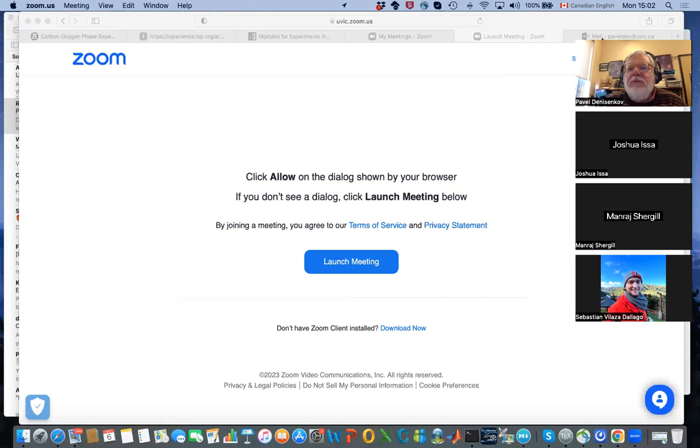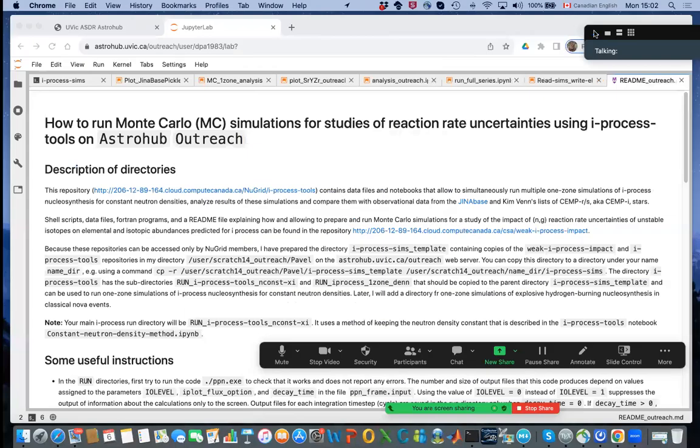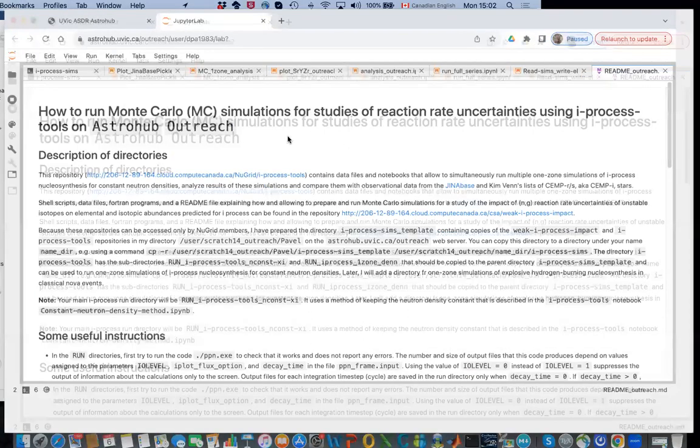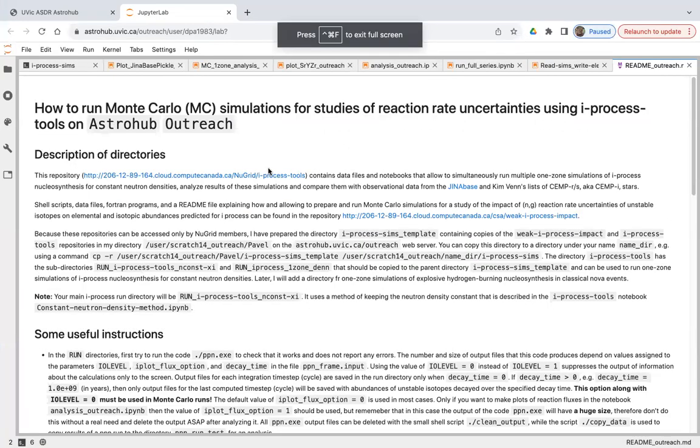Okay, so now this is the main README file that explains the content of iProcess tools files and notebooks.